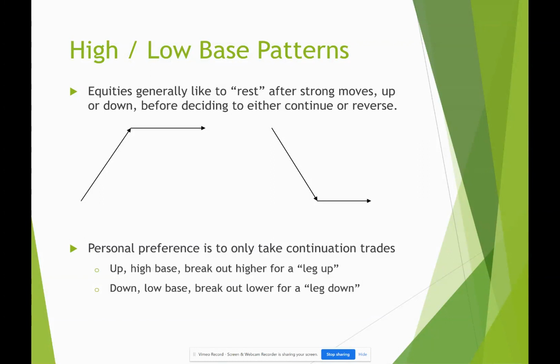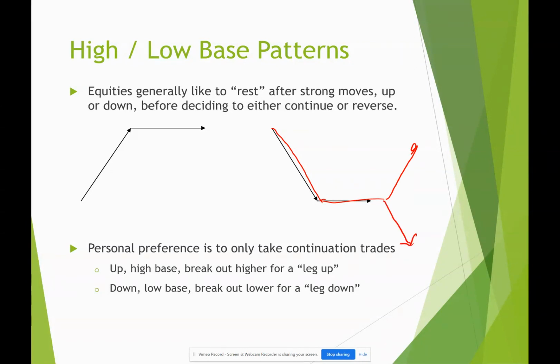They're going to rest or consolidate before they decide whether they're going to continue or reverse. Oftentimes they'll go up and then just go sideways for a while, or you'll get some kind of consolidating move that is a triangle. I love taking these types of trades. Or they'll go down, bearish, and then go sideways for a while, and it makes a decision either to break up or break down.